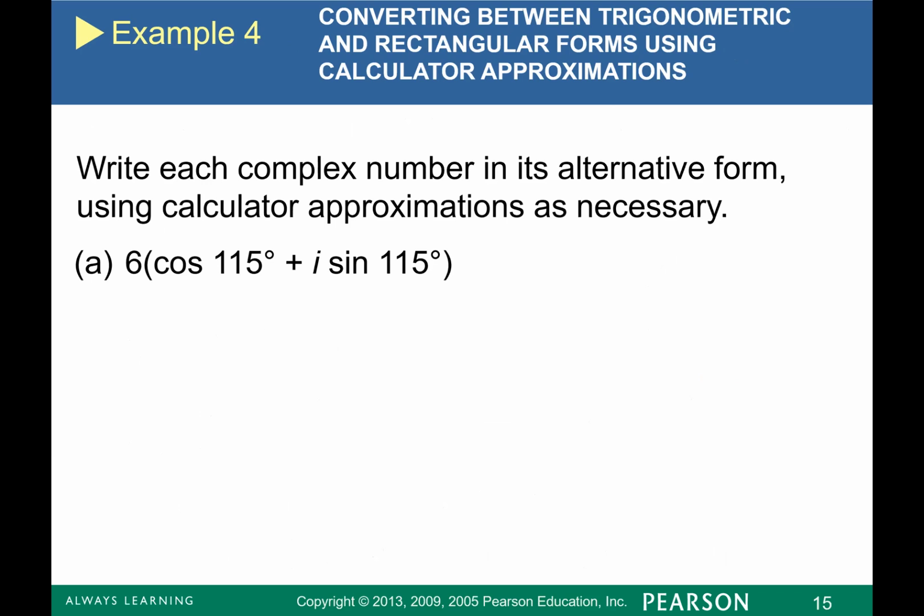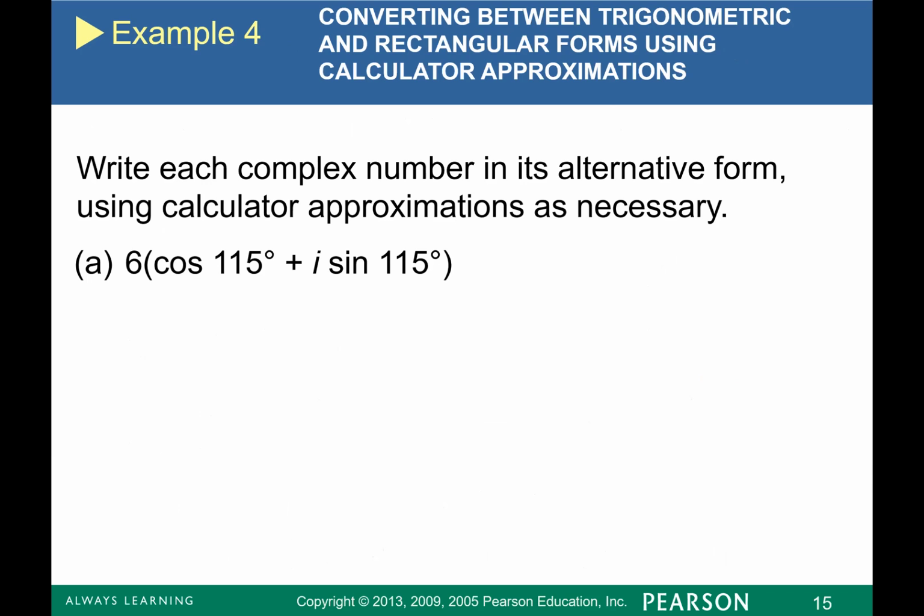Okay. Write each complex number in its alternative form using calculator approximations as necessary. So on this one, what is the reference angle of 115 degrees? Well, it's 45, I'm thinking.